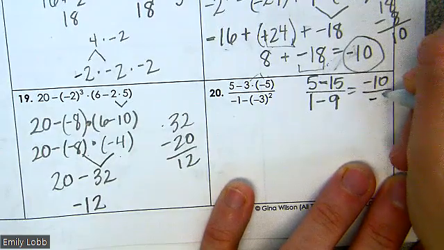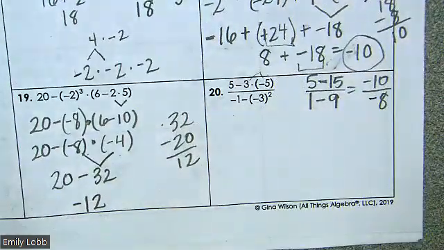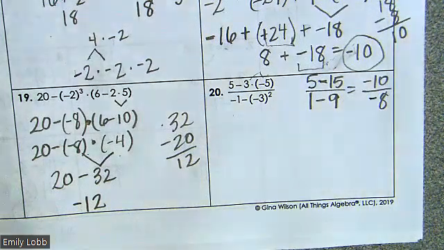Did I do something wrong? Yeah, 5 minus, you said negative 15. Why is it a positive 10? 15 was negative.